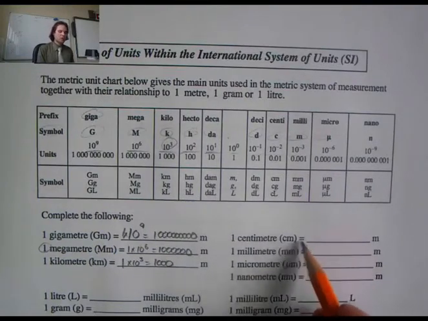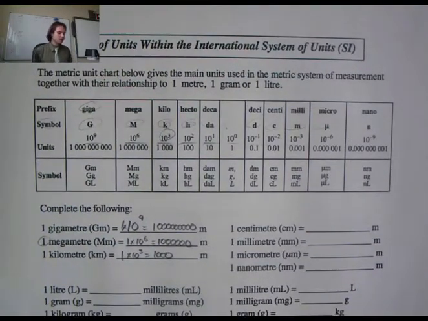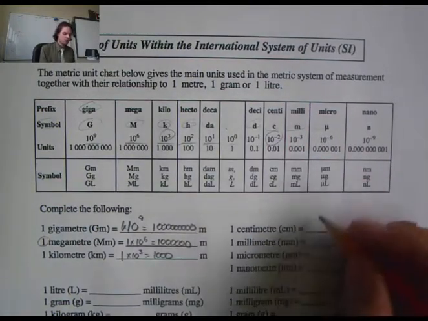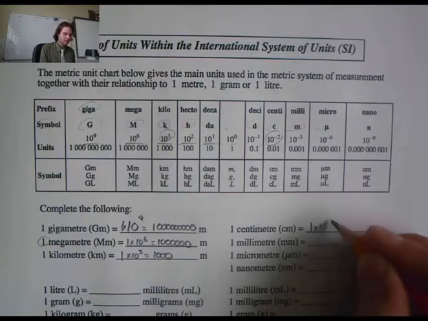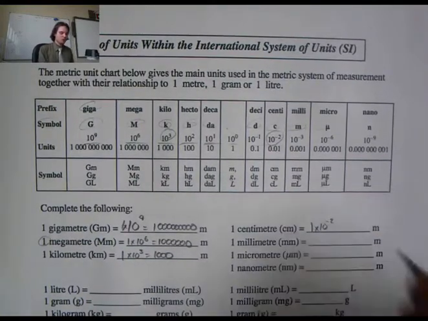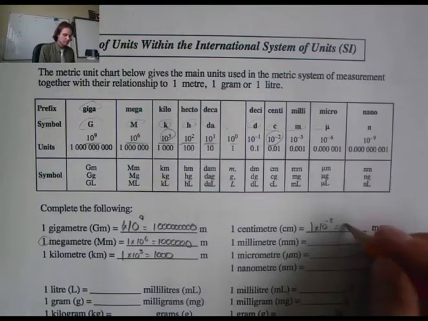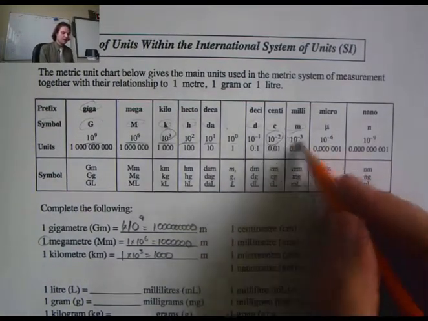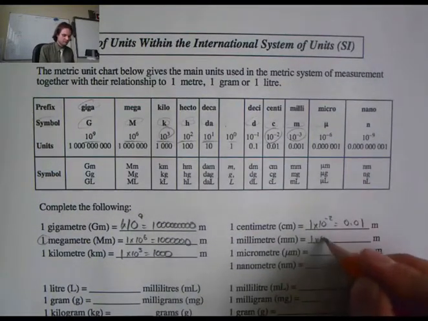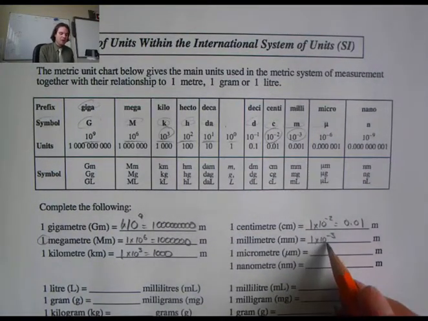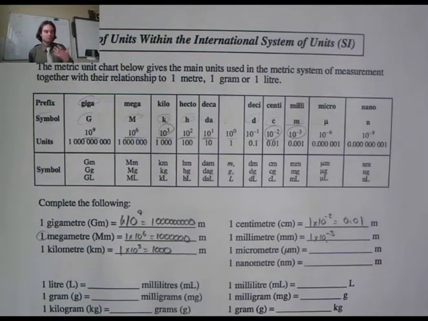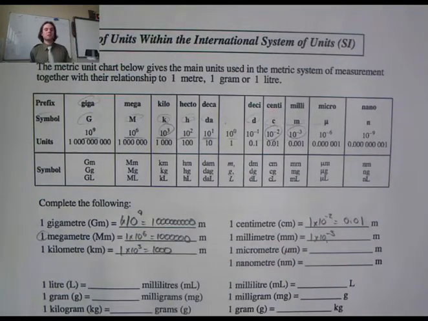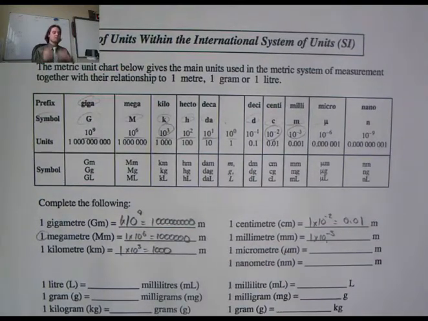Now, let's take a look at 1 centimeter. How many meters is that? Well, this is the exact opposite. It's 10 to the negative 2. So it's 1 multiplied by 10 to the negative 2. Put that into your calculator. 1 millimeter, well, that's 10 to the negative 3, because basically, 1,000 millimeters equal a meter. 100 centimeters, centi as in 100, equals a meter.